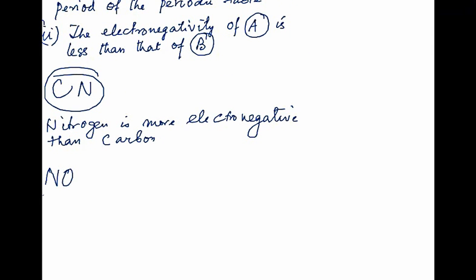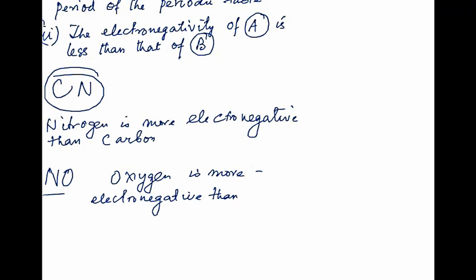Also, if you have NO, we can say oxygen is more electronegative than nitrogen. So wherever may be the combination, whether this is a CN or NO or NO plus or NO minus, always the electronegativity of the atom B is greater than that of the atom A.